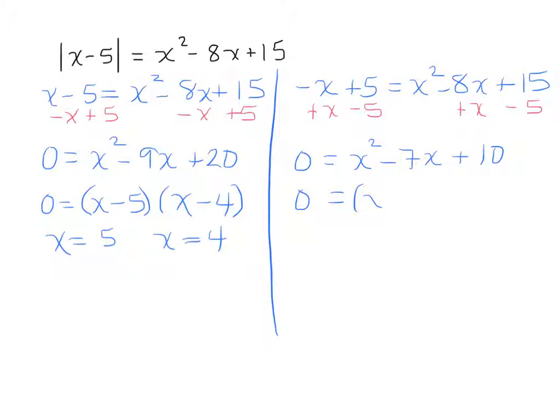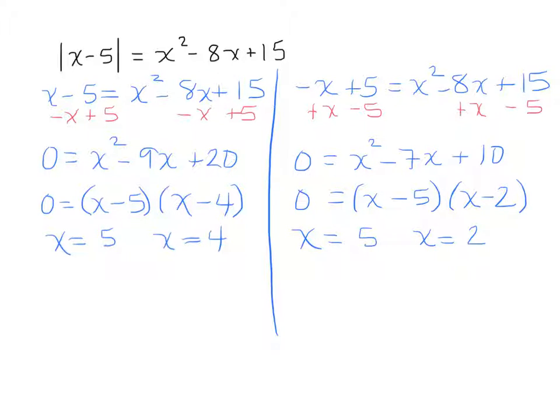So to factor that, it's going to be x minus 5 and x minus 2. x equals 5, x equals 2. So really, we actually only have to test 3 answers, right? Because we have 5 for both of them. So 5, 4, and 2 are the ones that we need to test.